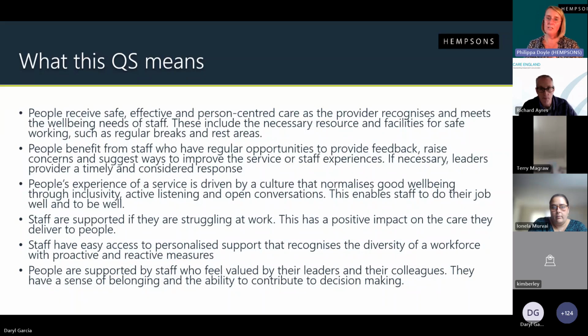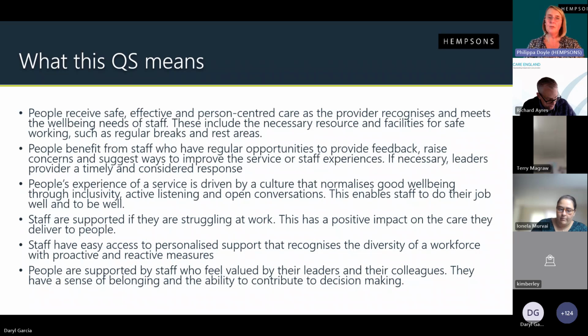We're having open conversations. Something goes wrong, somebody can come to us straight away, and we can have a conversation and try and resolve that. So staff are really enabled to do their job well, but also to be well in themselves, because they're not going home at the end of the day stressed or worried about their role or something that might have happened during the day, because they're able to talk to the team, talk to the service, talk to the provider.